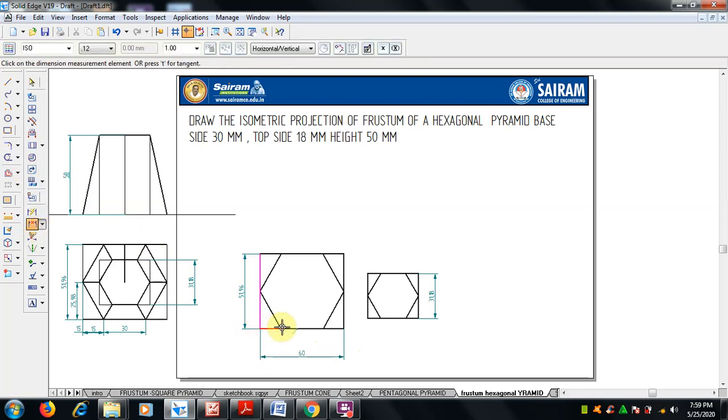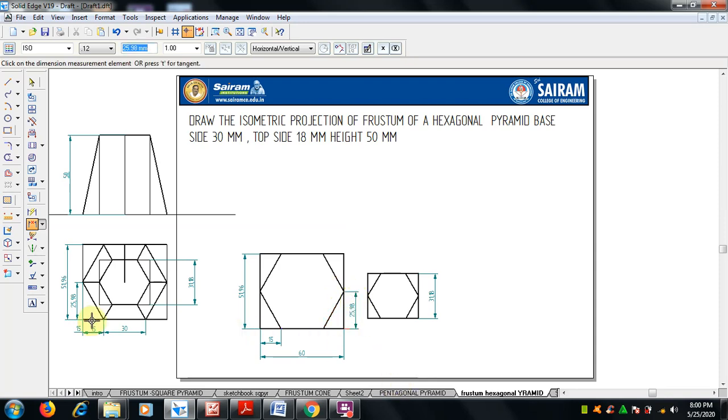And from end to end, from this corner to this, what is the distance? Okay, all the things whatever are needed, you make them. And from here to here, what is the distance between this end and this point?